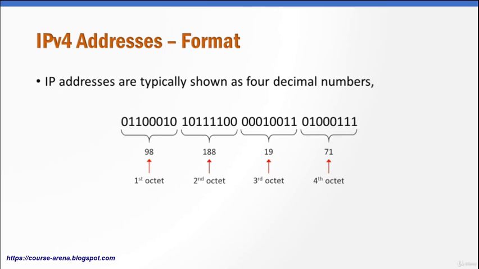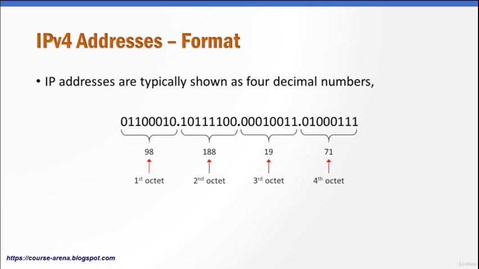The first octet is 98, the second one is 188, the third one is 19, and the fourth one is 71. But we don't really write an IP address like this. We add dots between the octets, but we do not add a dot at the end of the fourth octet.